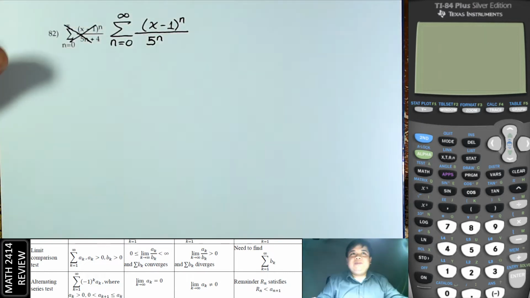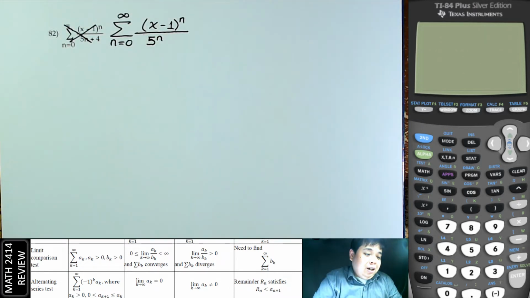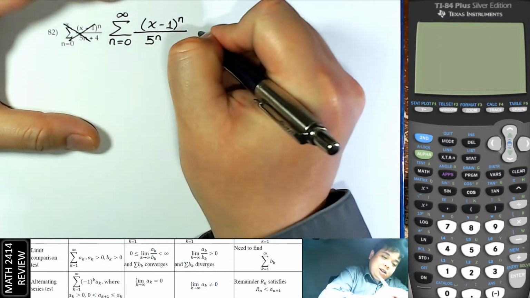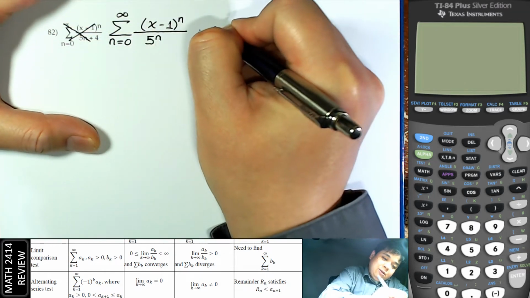Yeah, just that. Right. Now, same thing. I'll use the ratio test. First, a sub n is going to be that term.